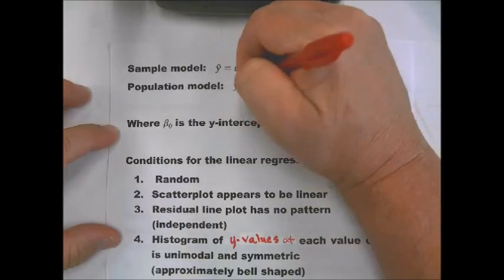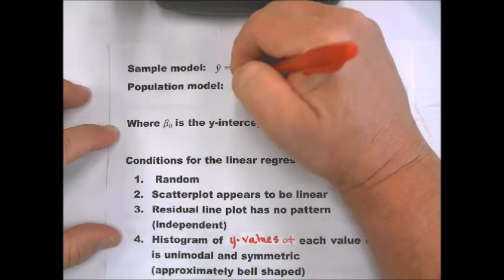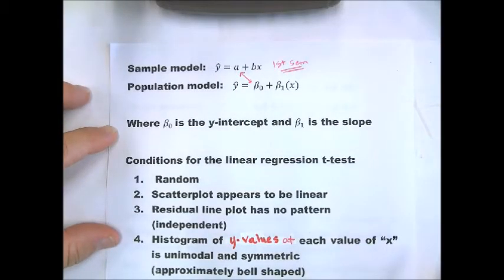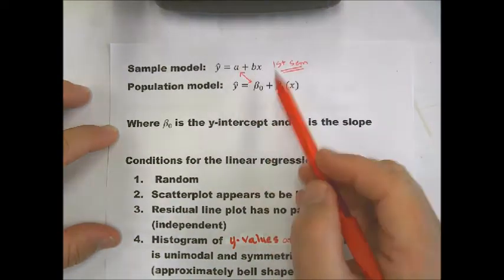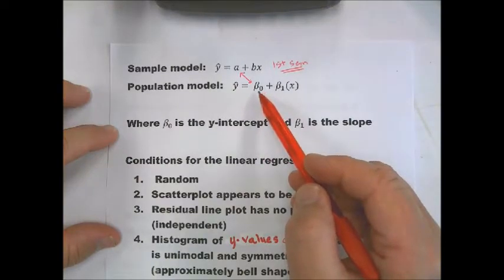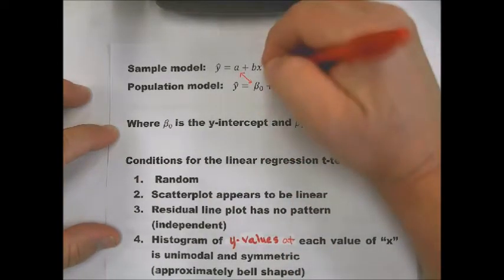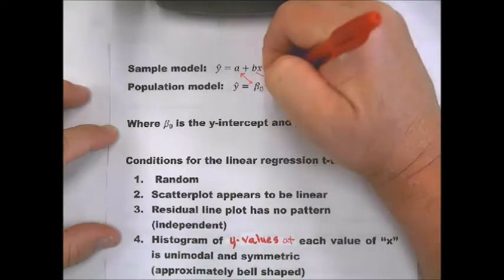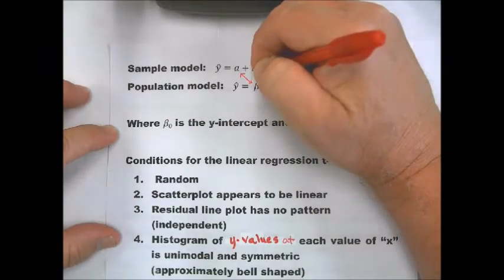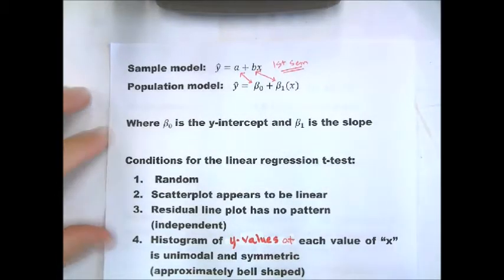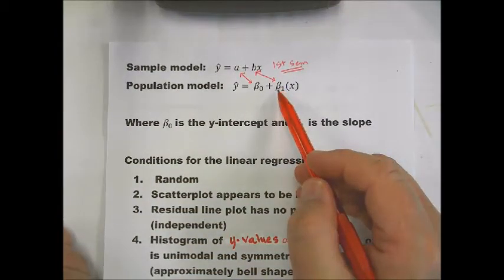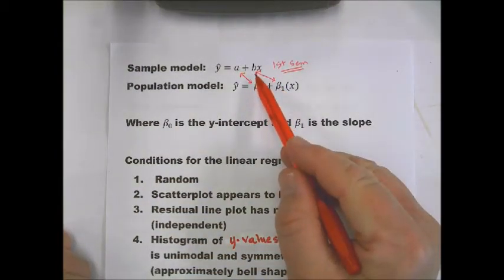The a value is the same thing as beta sub 0, only this is the sample notation and that's the population notation. And then beta sub 1 is the slope. There's the population notation and there's the sample notation.